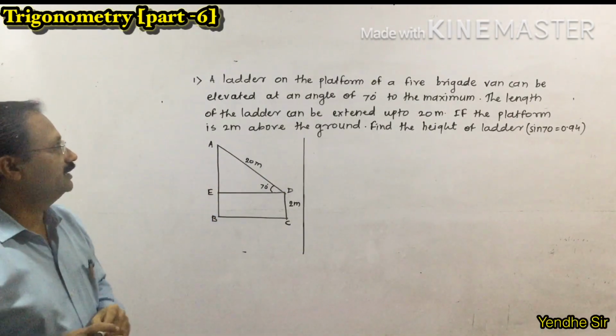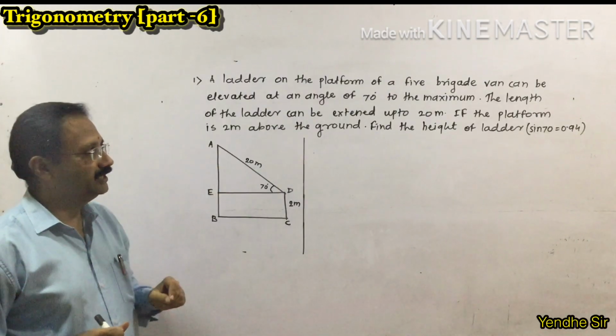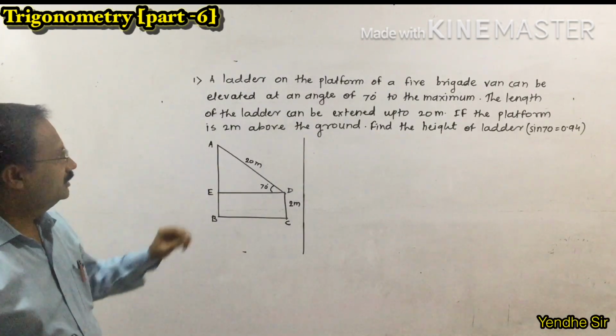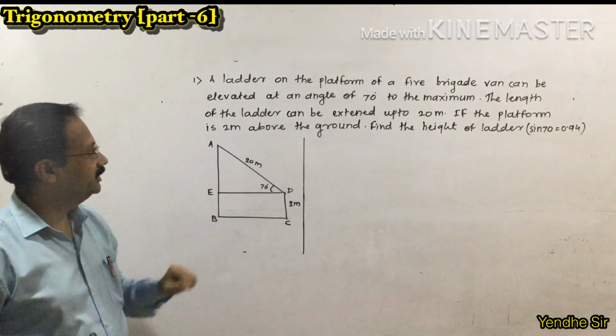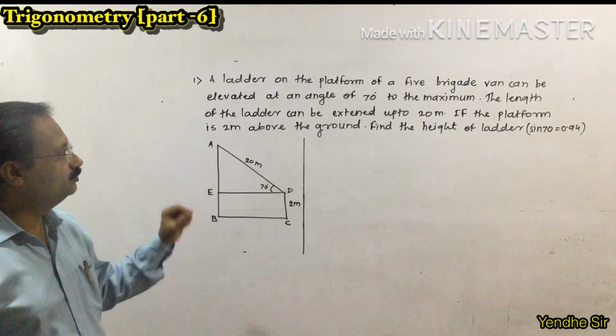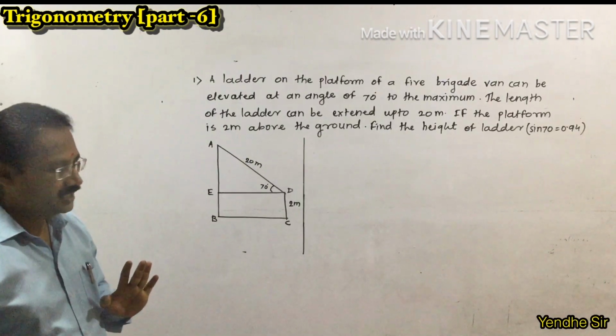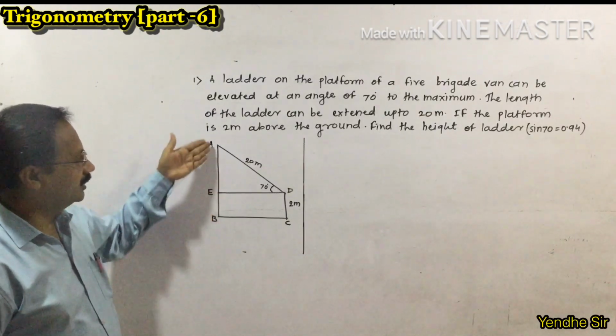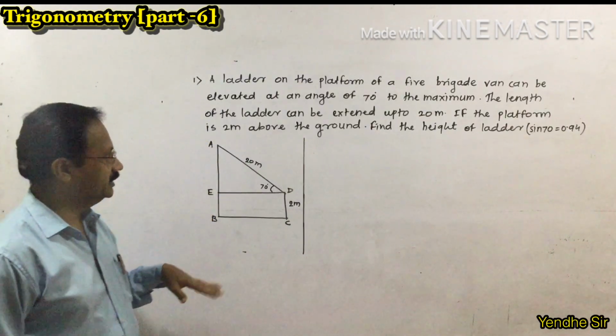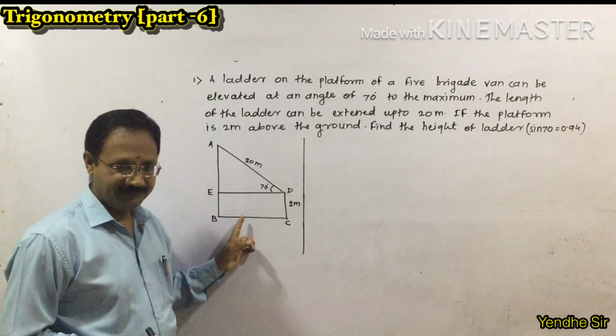van can be elevated at the angle of 70 degrees to the maximum. The length of the ladder can be extended up to 20 meters. If the platform is 2 meters above the ground, you have to find out the height of the ladder from the ground. Okay, so let me tell you, this is the van.